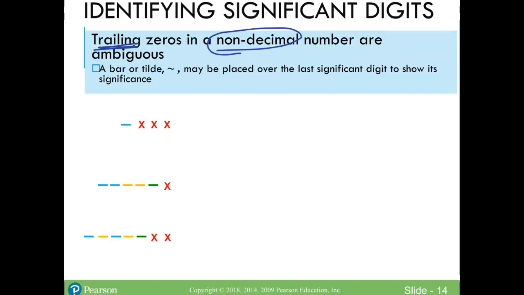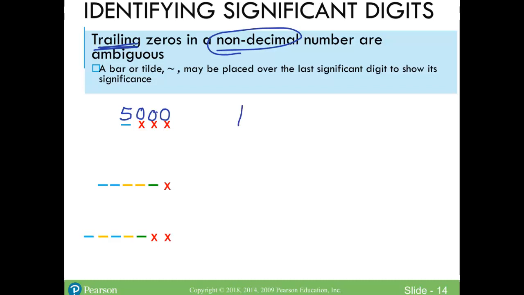If a trailing zero really is significant, we use a bar or a tilde to show that. I typically put a bar over that particular digit. So if I had the number like 5,000, how many significant digits is that? Well, there's only one. The trailing zeros don't count, so it's one significant digit.